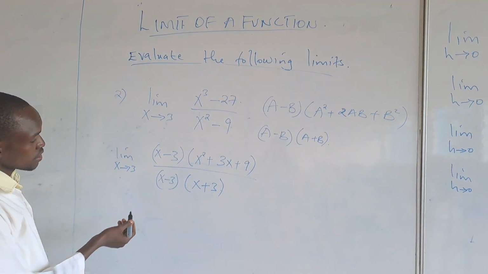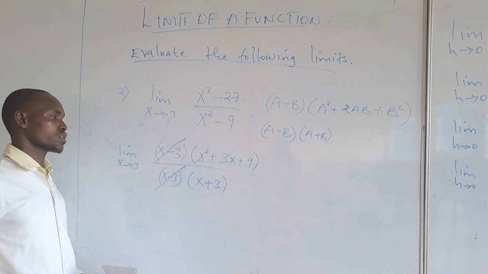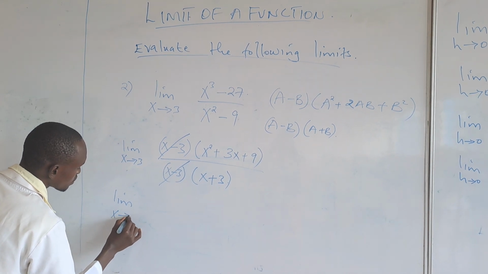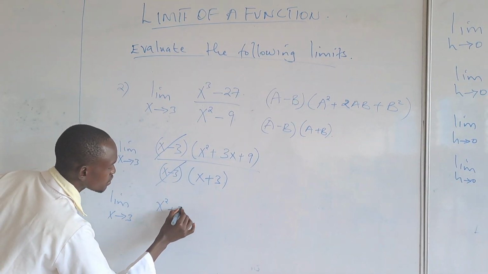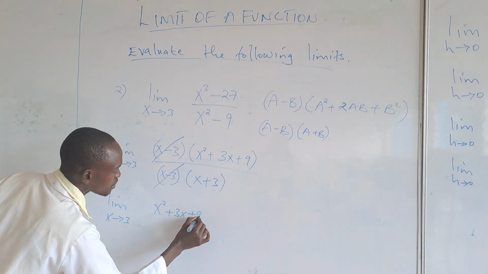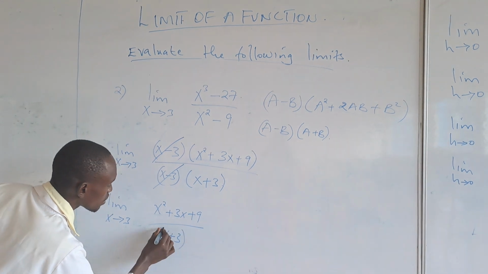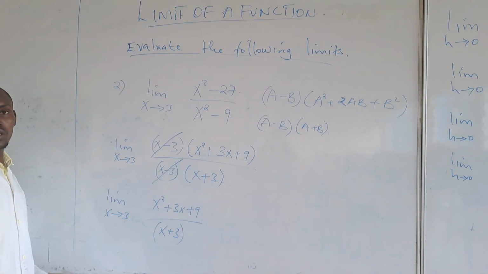Now, from this, you realize that x minus 3 cancels x minus 3. So we have the limit as x tends to 3 of x squared plus 3x plus 9 over x plus 3. Then we again try if direct substitution can help us here.